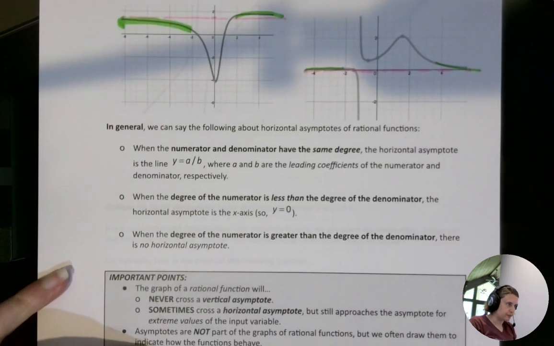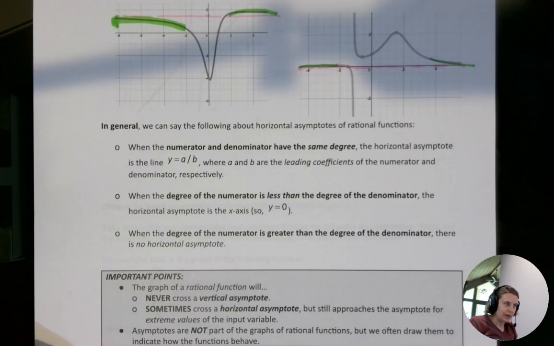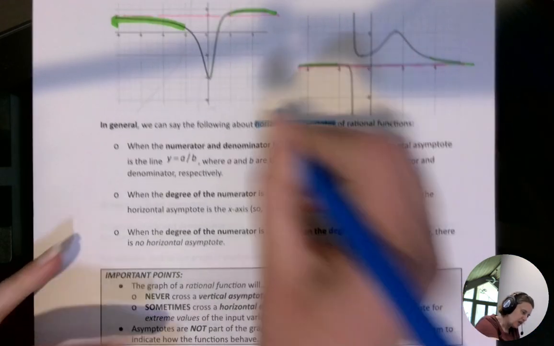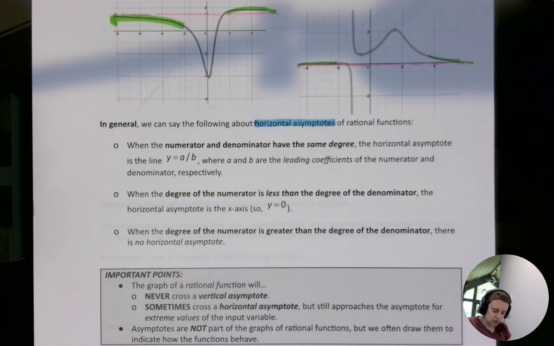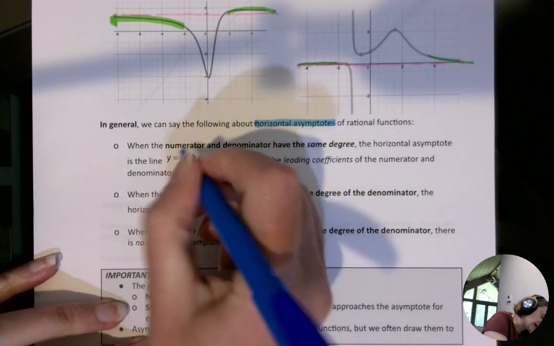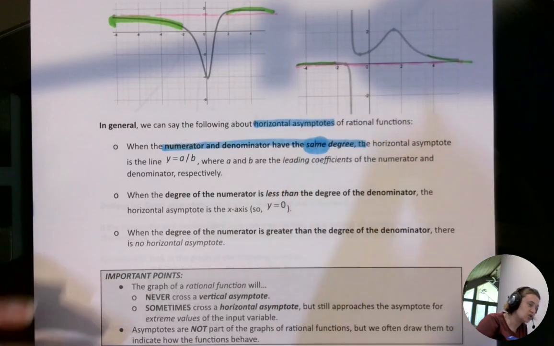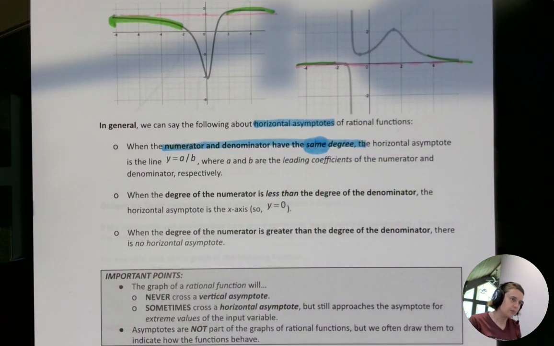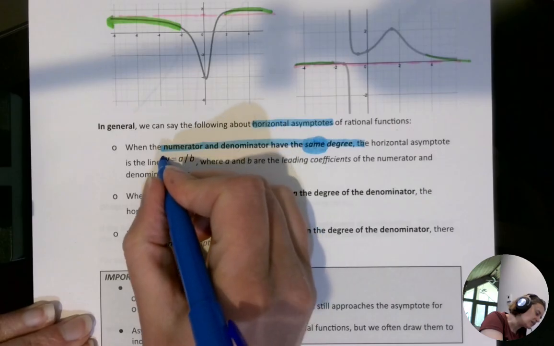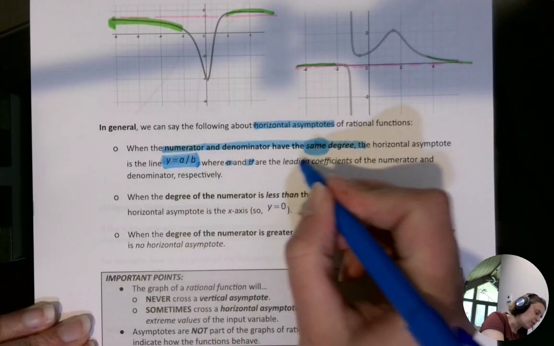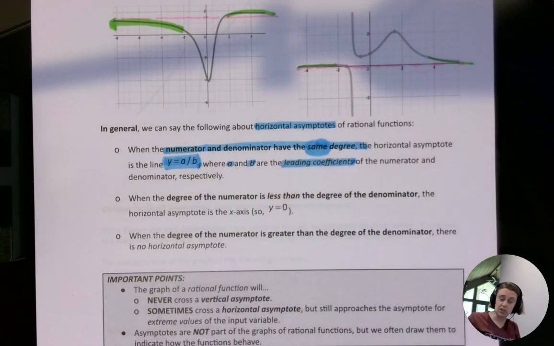All right. In general, we can say the following about horizontal asymptotes of rational functions. So we talked about how to find them in the last two. We can simplify that just a little bit. In the first case, when the numerator and the denominator have the same degree, that happened in part A, we were able to write the asymptote as y equals the fraction a over b, where a and b were the leading coefficients.